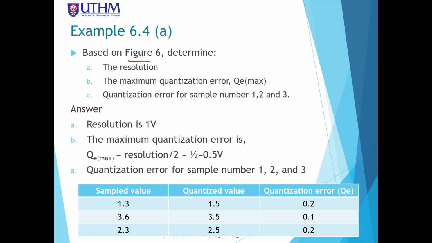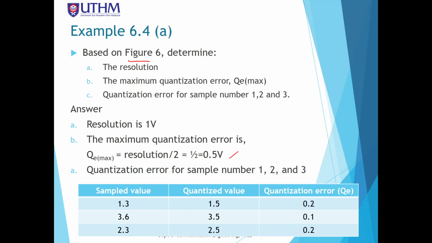And then, the maximum quantization error. The maximum quantization error is equal to the resolution divided by 2, or half of the resolution. So if the resolution is 1 volt, that means the maximum quantization error is 0.5 volt. So maknanya quantization error yang maksimum adalah separuh daripada nilai resolution.